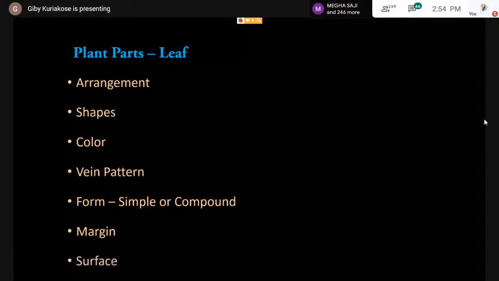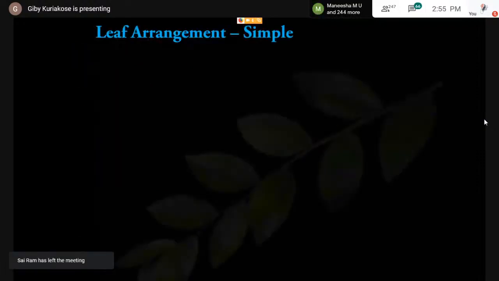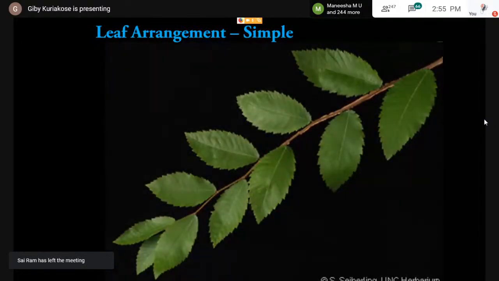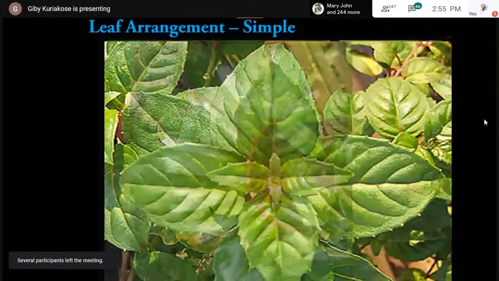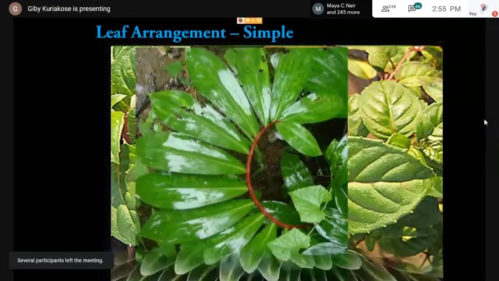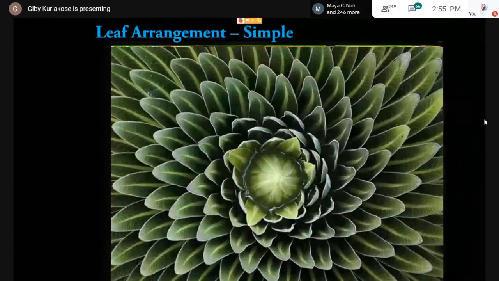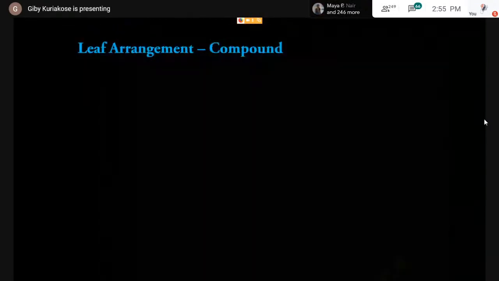Then the surface, the texture, the presence or absence of hairs and types of hairs. Leaf arrangement, we know: alternate, opposite, decussate, then spirally arranged leaf. This is also a spirally arranged leaf. Then a whorled arrangement of leaf.